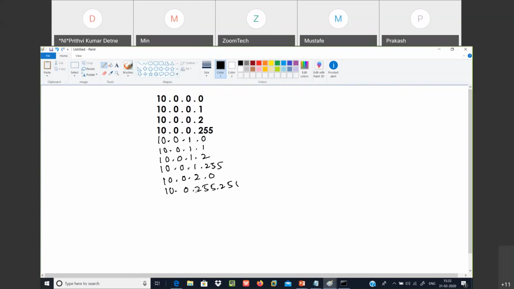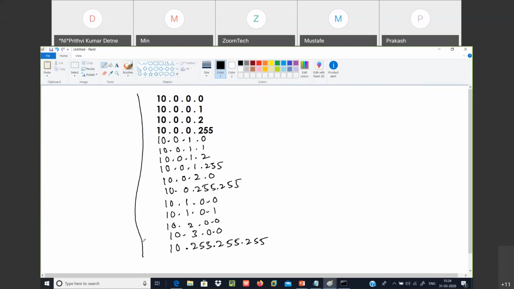Then what will be the next IP address? 10.1.0.0, then 10.1.0.1, again 2.0.0, 3.0.0, and finally, what will be the IP address, guys? 10.255.255.255. So this is completely the 10 dot network address range. Now the next IP will be 11 dot, right?